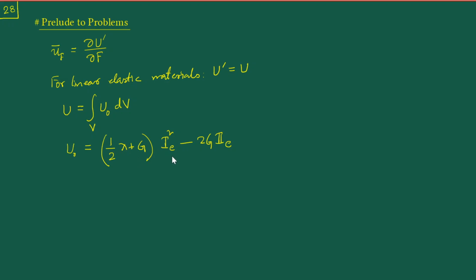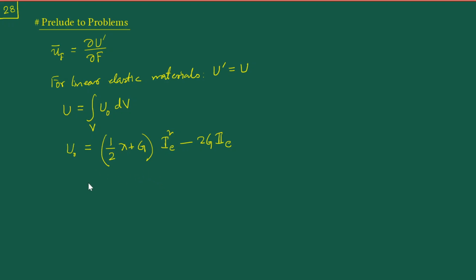Here, I_E is the first invariant of strain. This Roman 2E is the second invariant of strain. I repeat, these two are the first and the second invariants of strain. There is no third invariant of strain involved here.